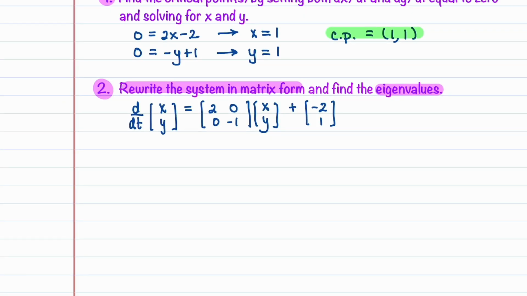We need to look at this matrix right here, and we're going to call that matrix A. So we say that A is equal to 2, 0, 0, minus 1. Now we want to find the eigenvalues.